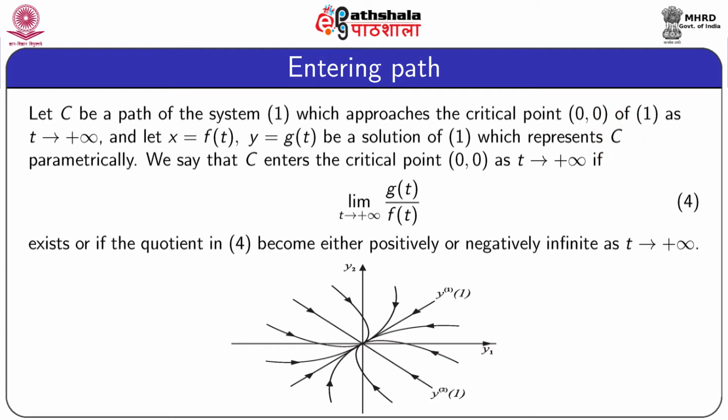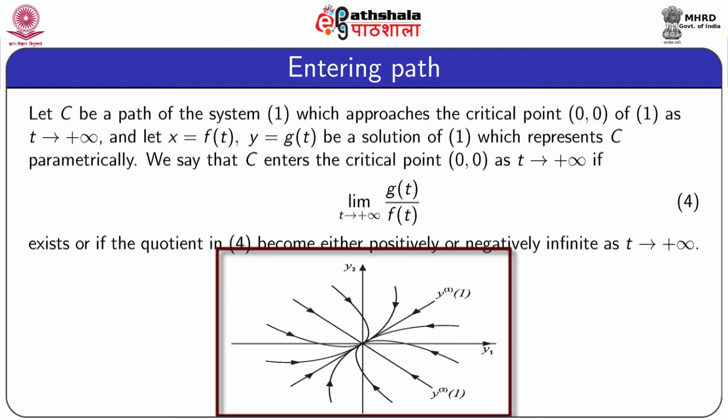Now, we say that C enters the critical point (0,0) as t tends to plus infinity if limit t tends to plus infinity g(t)/f(t) exists, or if the coefficient in 5 becomes either positively or negatively infinite as t tends to plus infinity.